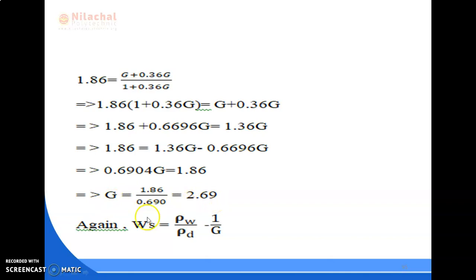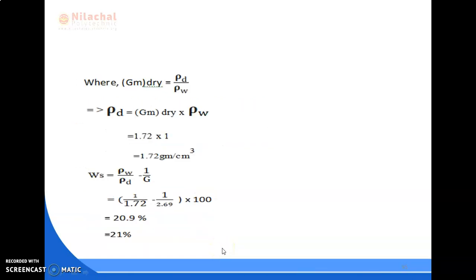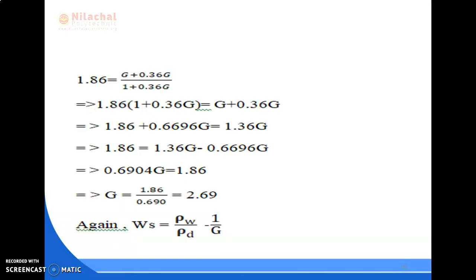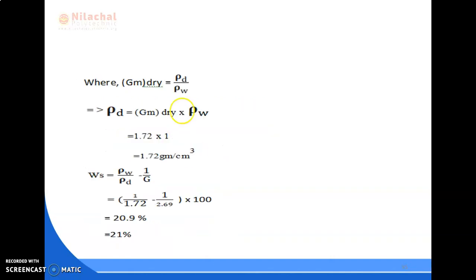Again another unknown is we have to find out shrinkage limit Ws equal to (rho w by rho d minus 1 by G). This is the formula, where rho d is unknown, G value is known, rho w also we know, but rho d is unknown. So we have to find out rho d, dry density. So Gm dry equal to rho d by rho w, or rho d equal to Gm dry into rho w.